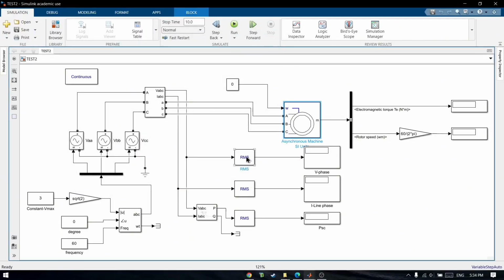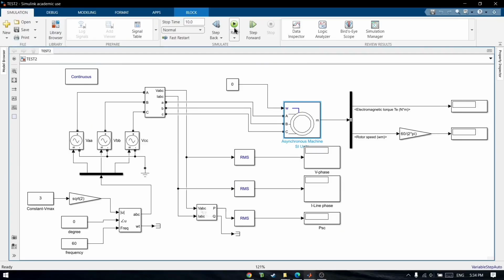We have RMS blocks to measure the phase voltage, phase current, and the short circuit power, PSC. And outputs for electromagnetic torque and rotor speed, which confirm the motor is stationary during the test.